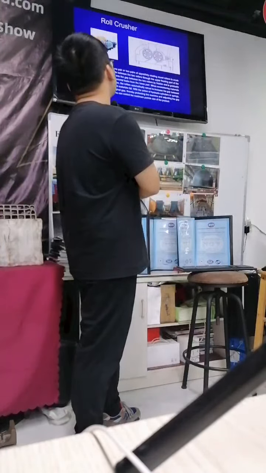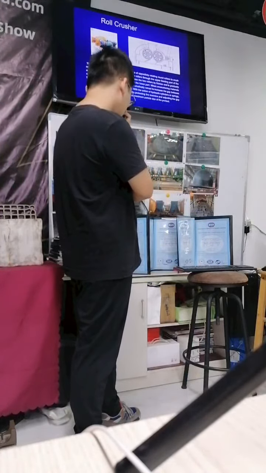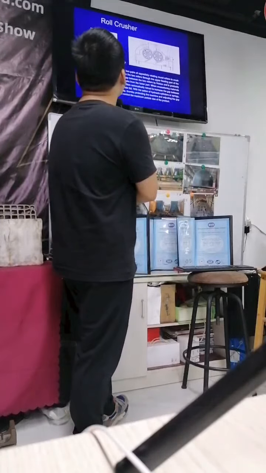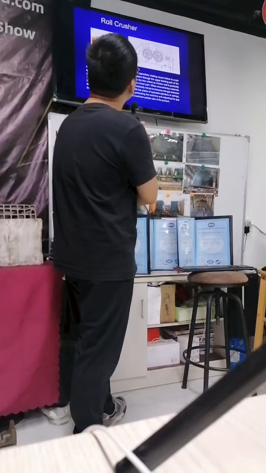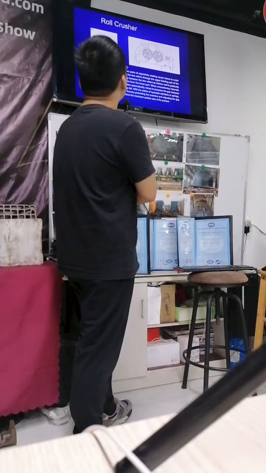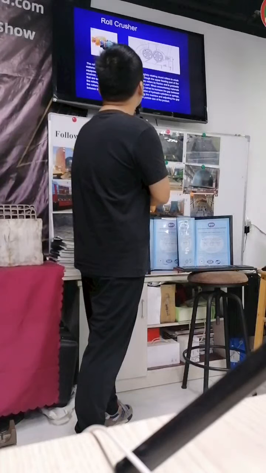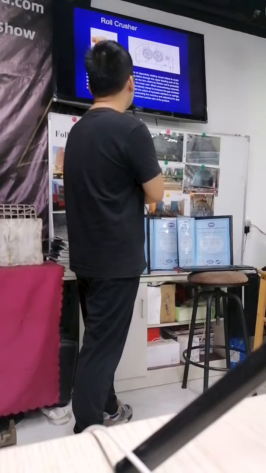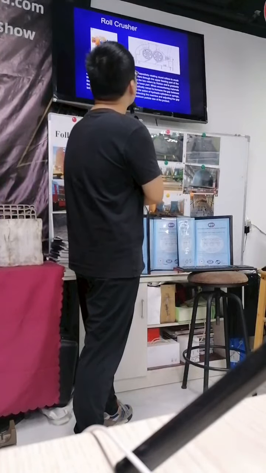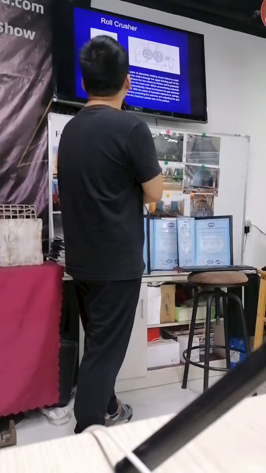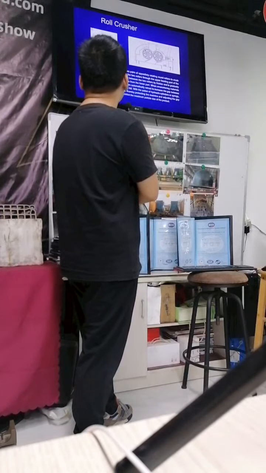And the next is the roller crusher. The roller crusher uses one pair or two pairs of steadily rotating rollers to crush materials.